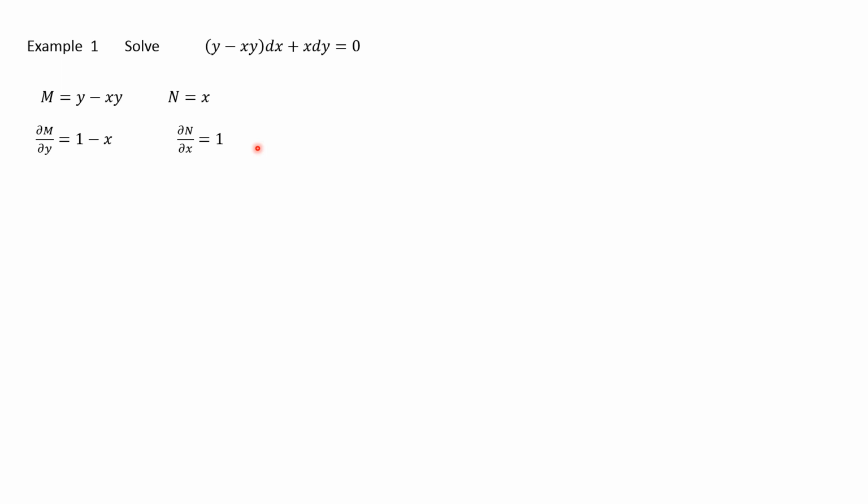So let us use the rule. 1 over N times (M_y minus N_x) is equal to 1 over x times (1 minus x minus 1). This is negative 1, which is a pure function of x. So it's possible for us to get the integrating factor.